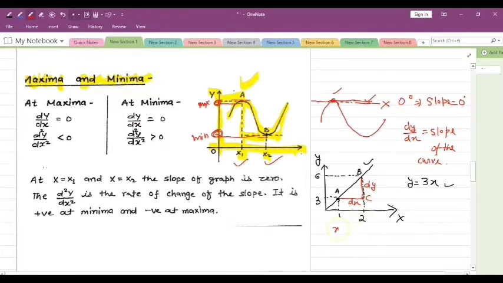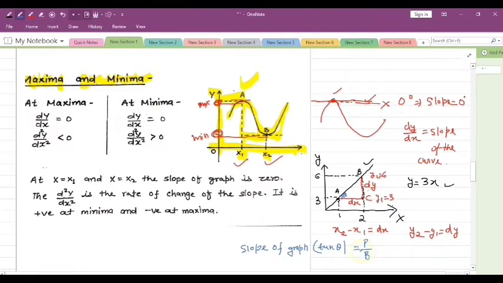Why? Because dx is x2 minus x1, and this is called dy because this point is y2, which is 6 over here, and this point is y1, which is 3. So y2 minus y1 is called dy. Now if I ask you how much is this slope theta, you will say that slope of graph, tan theta, equals perpendicular upon base.